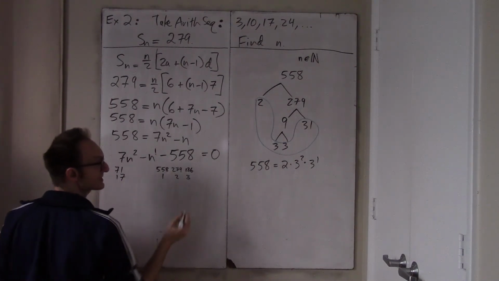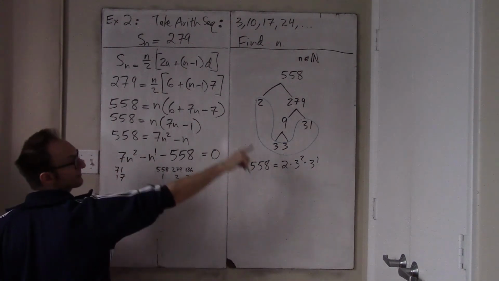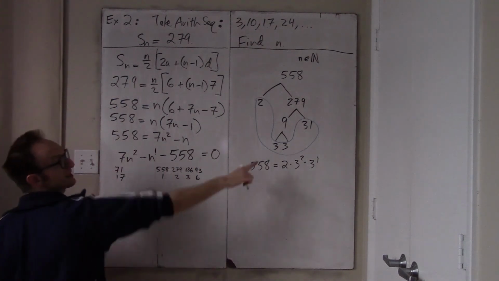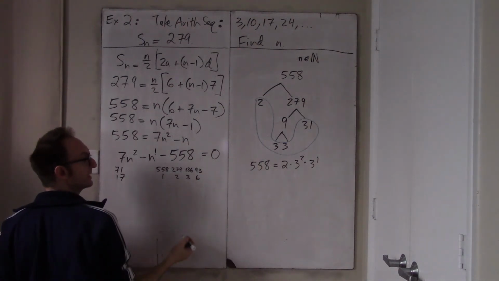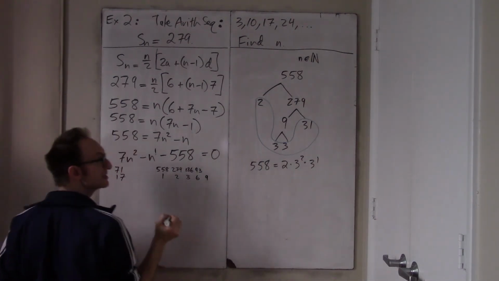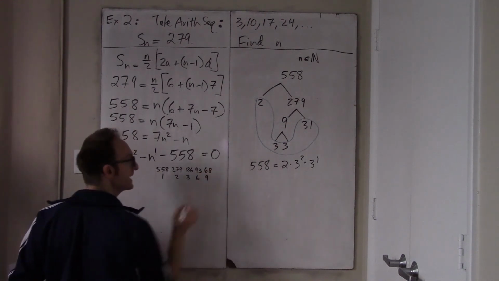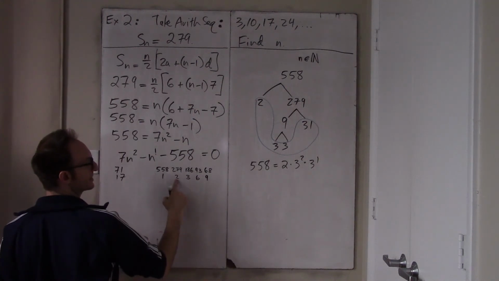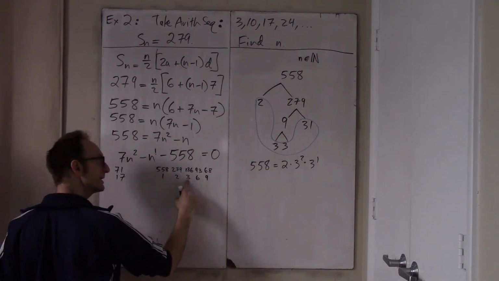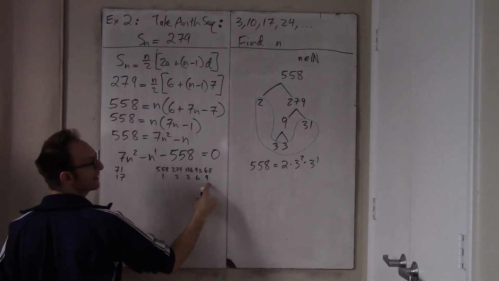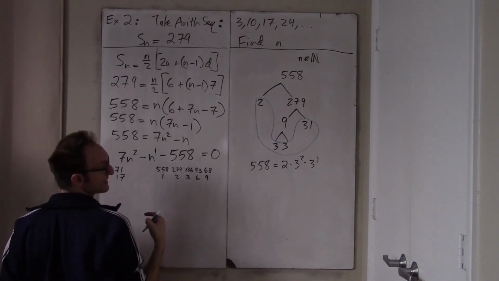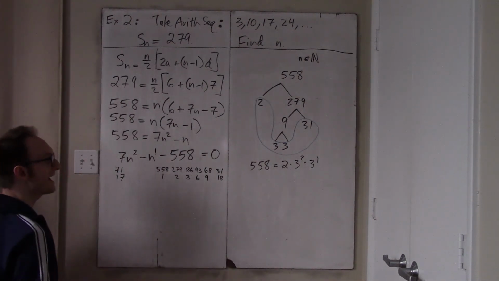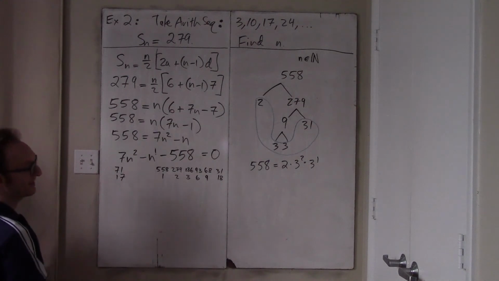Well, what's the next option? Well, 6 is an option. If 6, then 93. Okay, what's another option? 9 is an option. If 9, then 2 times 31, which is 62. And then I think the only other option is, I grab a 2, I grab a 3, I grab a 2 and a 3, I grab a 3 and a 3, I grab a 2, 3, and 3. So that's 18 and 31. So that is a way of producing all possible factors of some very big number like 558.